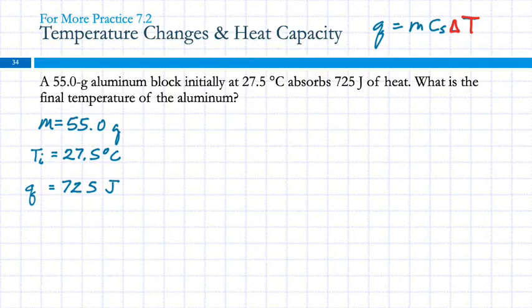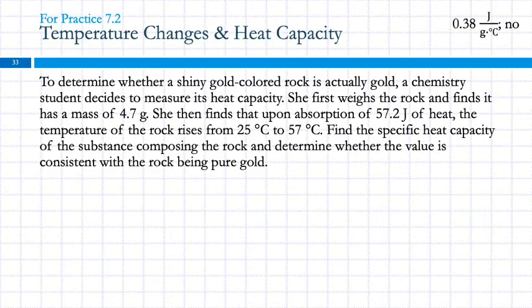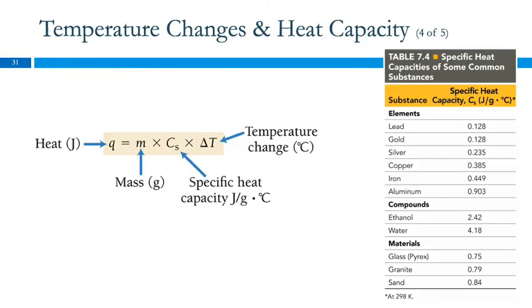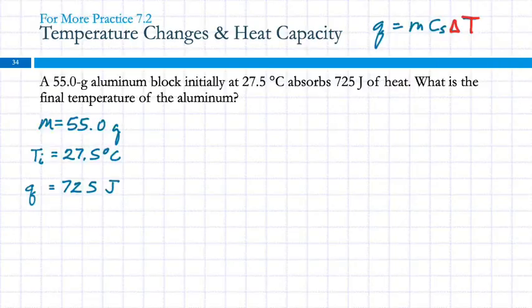What am I missing though? C sub S, the specific heat capacity. This is aluminum. So I'm going to go look it up. Aluminum, 0.903. C sub S, 0.903 joules per gram degrees Celsius.